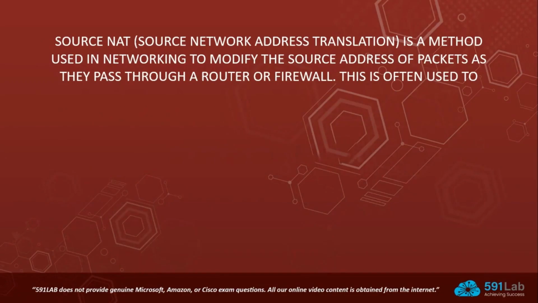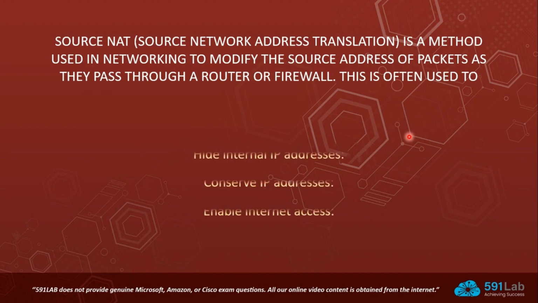Source NAT, source network address translation, is a method used in networking to modify the source address of packets as they pass through the router or firewall. This is often used to hide the internal IP addresses, conserve IP addresses, as well as enable internet access.